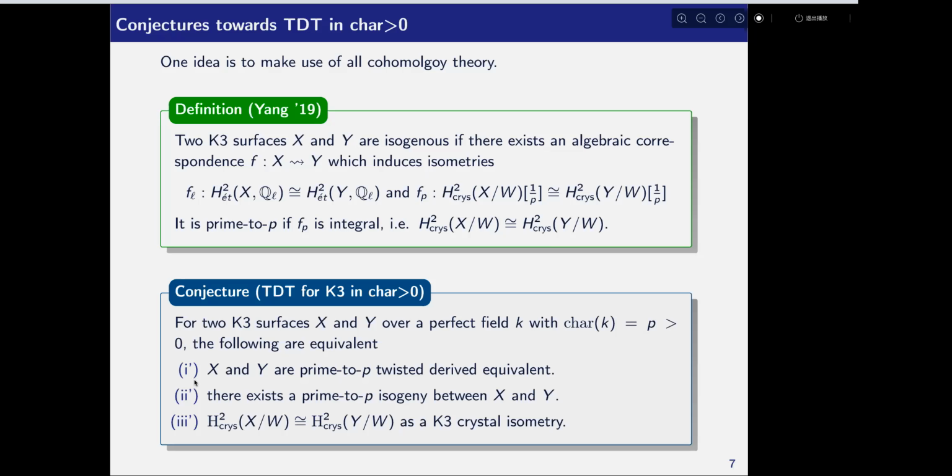The implication 3 implies 2 is the Tate conjecture, and algebraicity is needed, because in our definition the isomorphism must be induced by some algebraic correspondence, so this is the standard conjecture. The converse to the other direction is the derived Torelli.